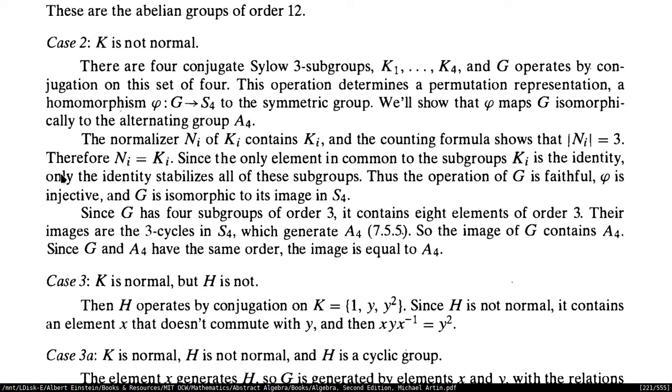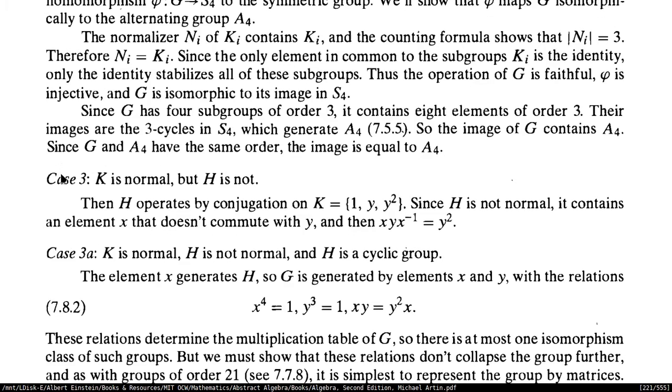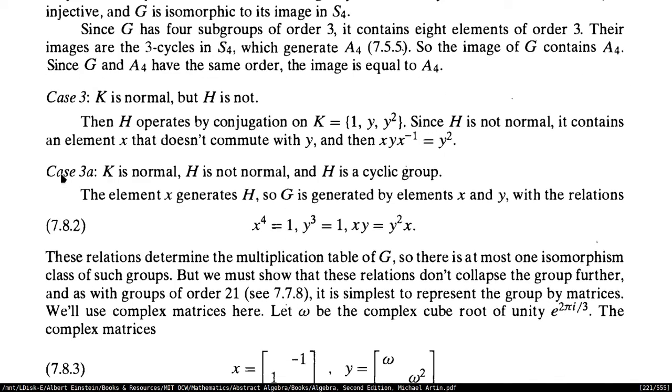Right. I think I'm convinced by case 2. If H is normal and K is not, then we've got A4. So that checks off 3 of the 5 different isomorphism types.